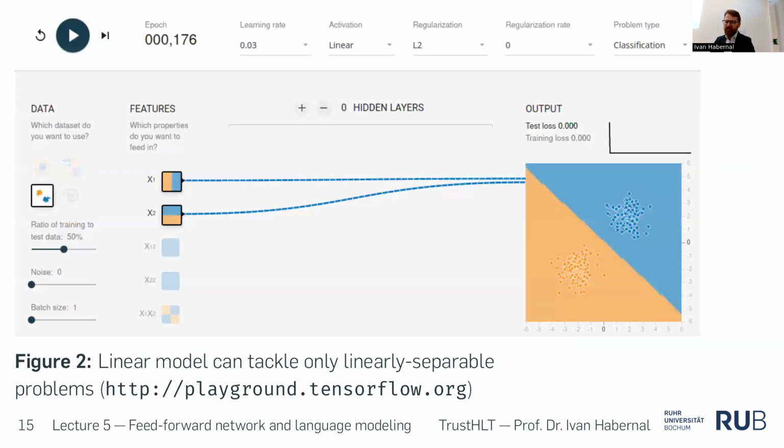Here's an example from a very cool web interface called Playground on playground.tensorflow.org. I'm going to explain what I'm doing here so that it really makes sense. This is not natural language processing. These are just points which are red and blue, represented as a vector of 2 features, x1 and x2.